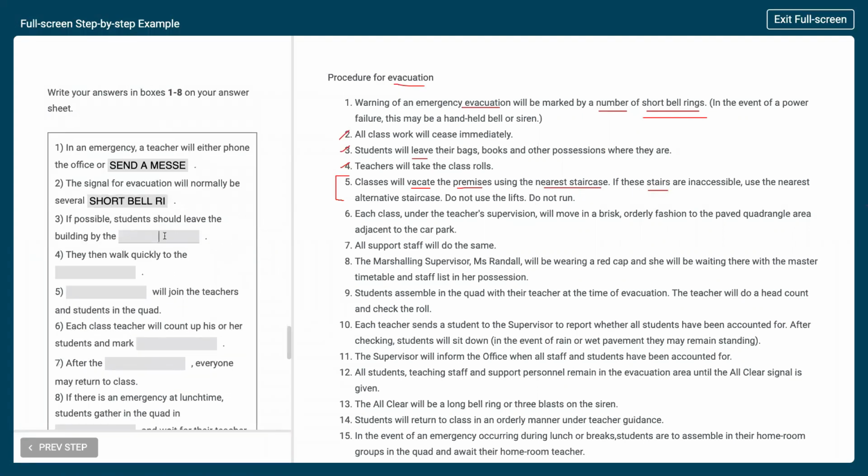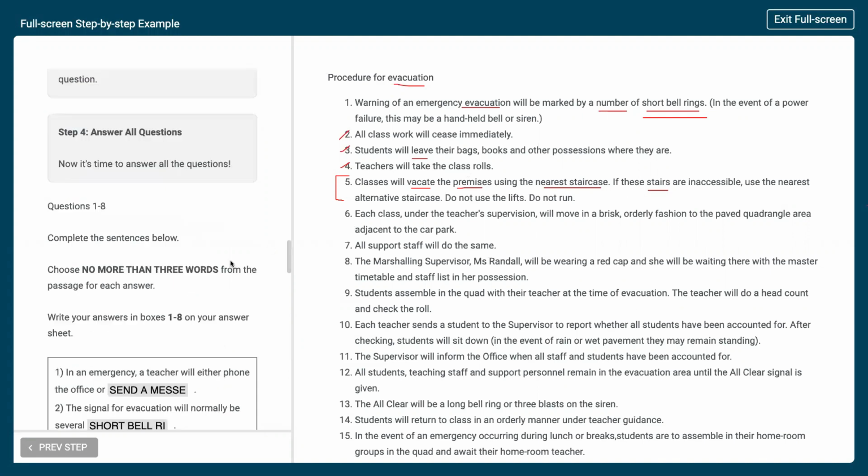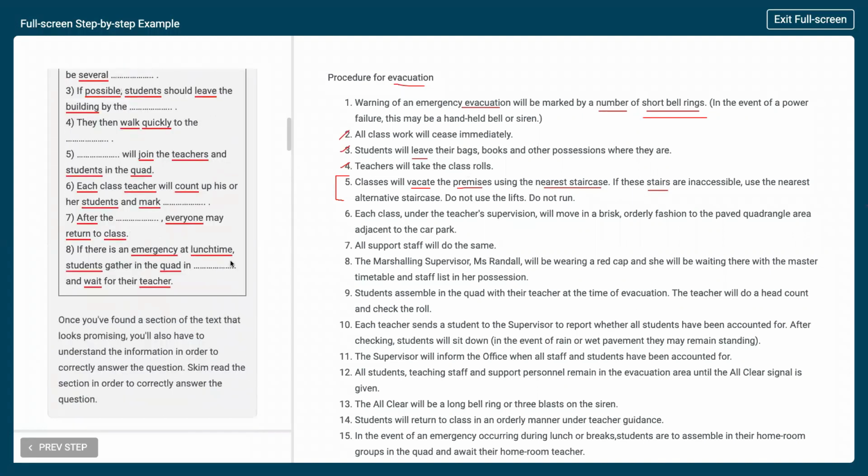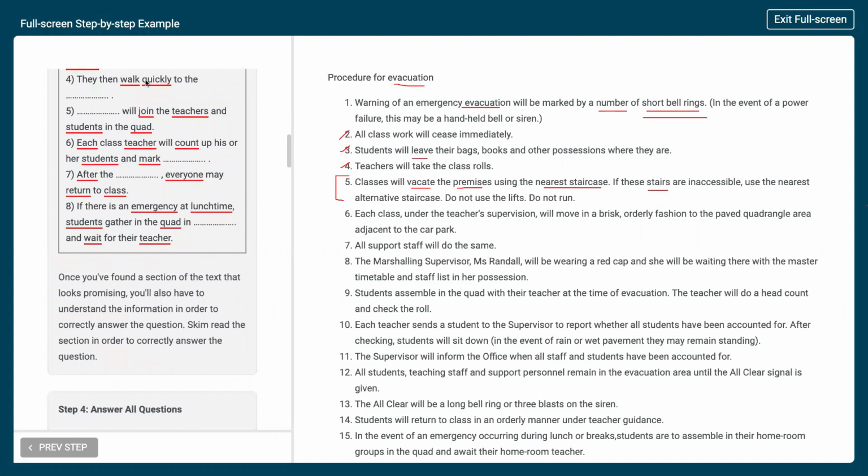However, I would suggest writing exactly what you see. So I would write nearest staircase, and I'll go ahead and do that now because I'd like to just keep it consistent and write exactly what I see. Okay, let's go and move on to number 4. It says, they then walk quickly to the.